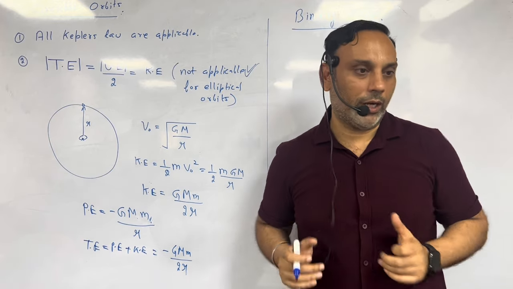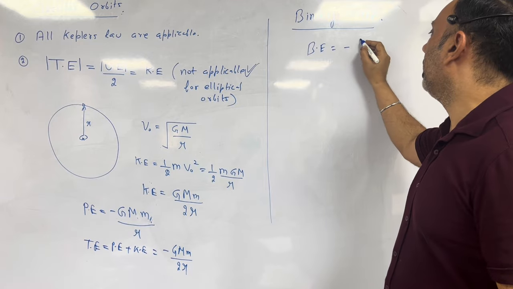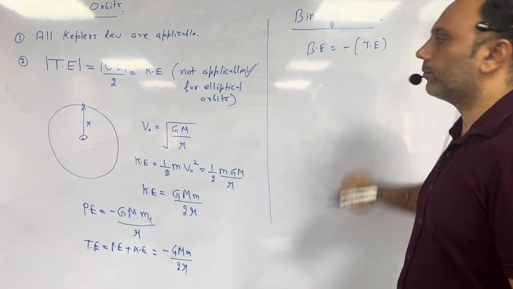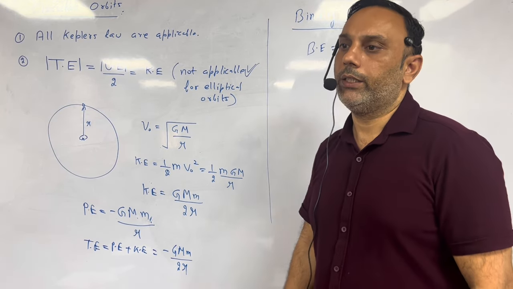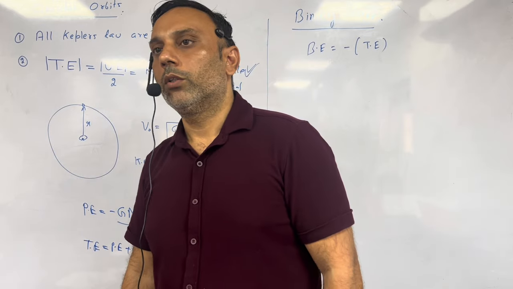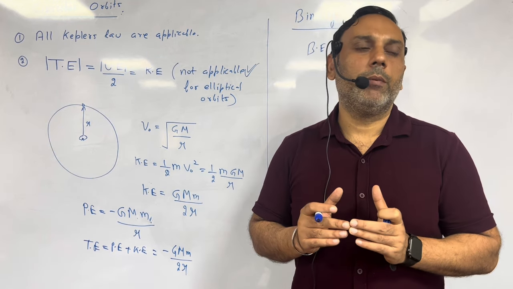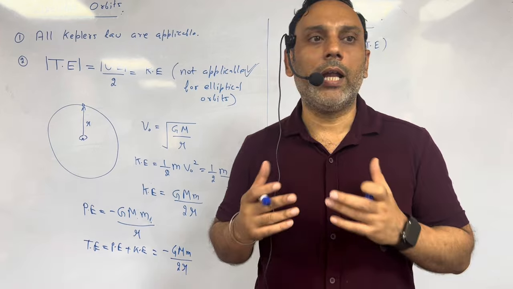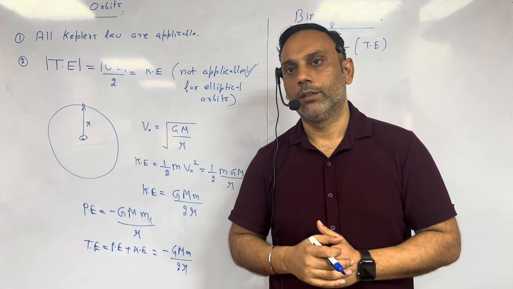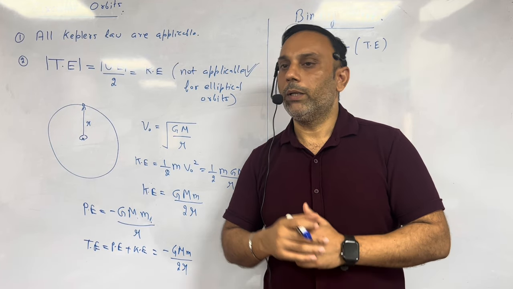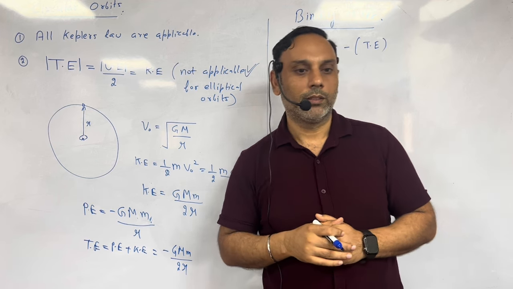This binding energy is the negative of total energy. So if any form of energy of a satellite is given to you, it means the minimum energy required is given. If you give more than the minimum, then in interstellar space the body will carry some energy. On that basis, by energy conservation, you can solve questions. Right, beta? Samit, understood or not?